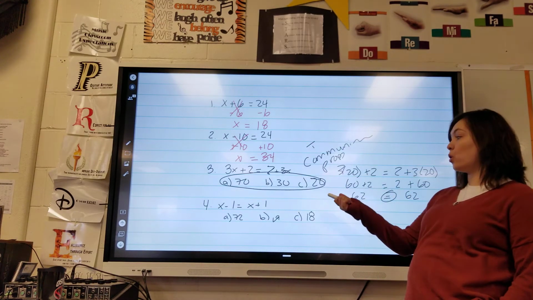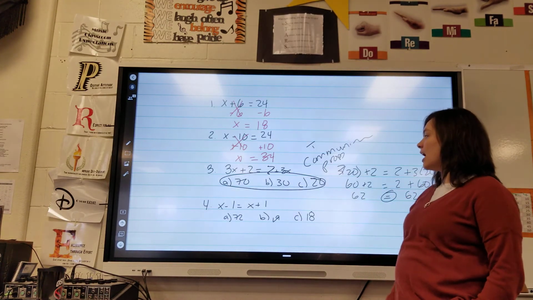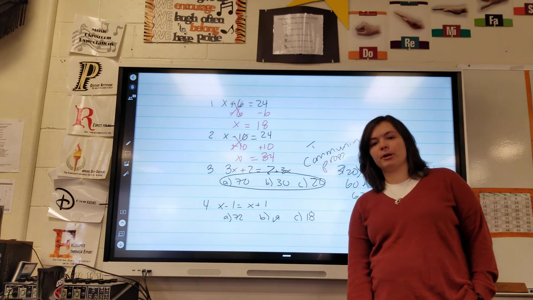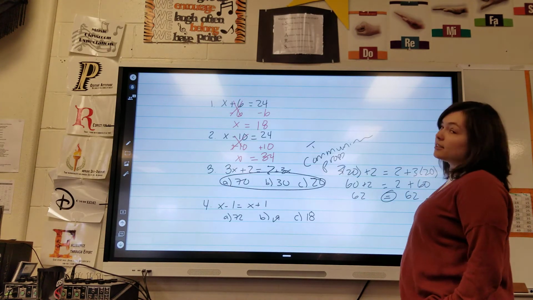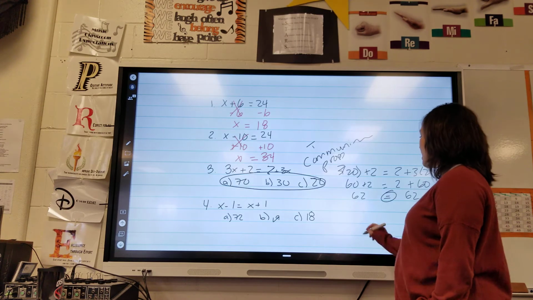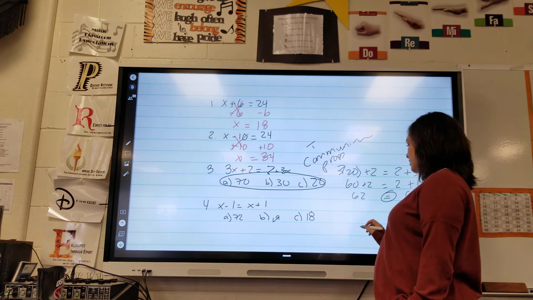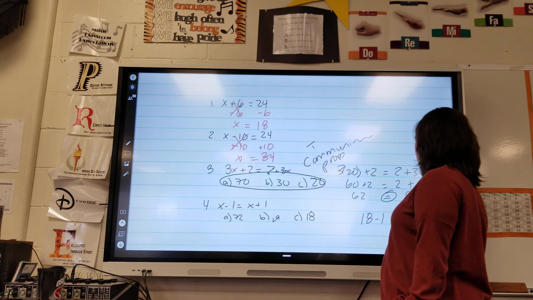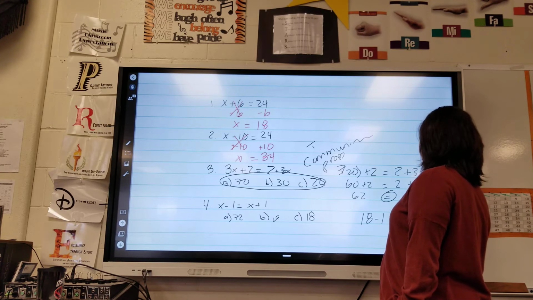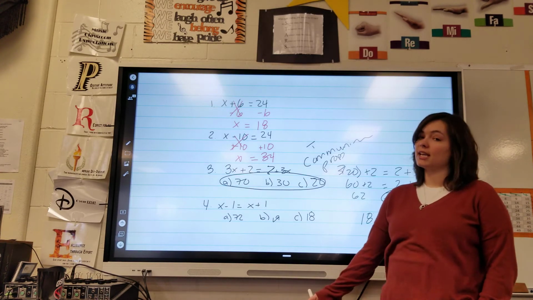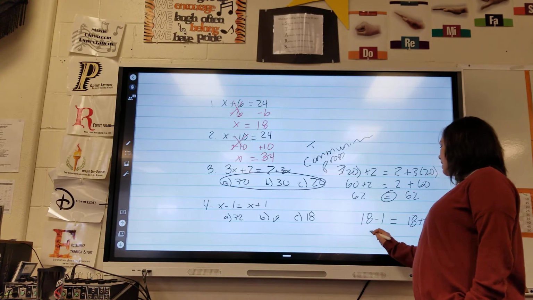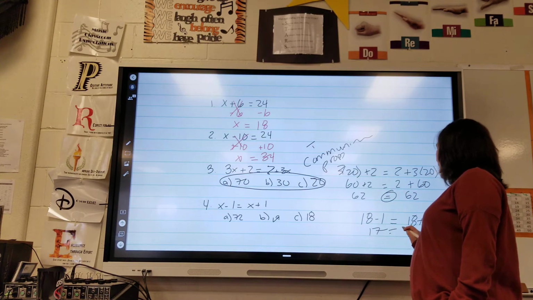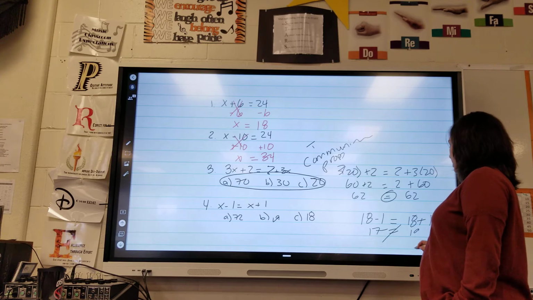Now number 4. Let's look at this one quick. Again, I'm going to start with the small number because it makes math easier. If I put 18 in for x, 18 minus 1 is supposed to equal 18 plus 1? Just saying that out loud doesn't make sense, right? 17 does not equal 19.